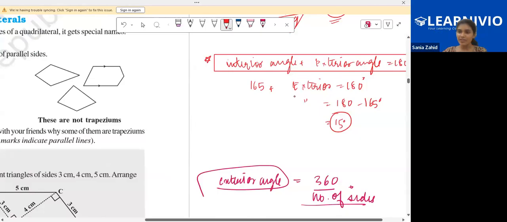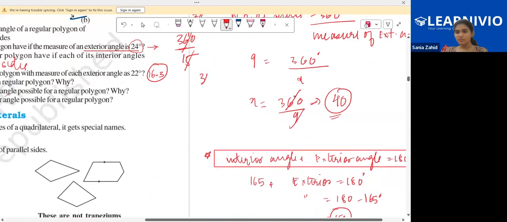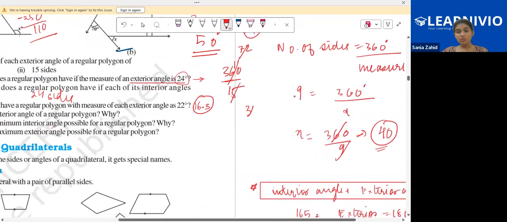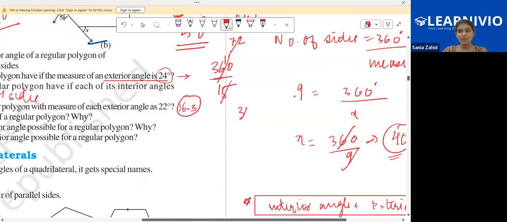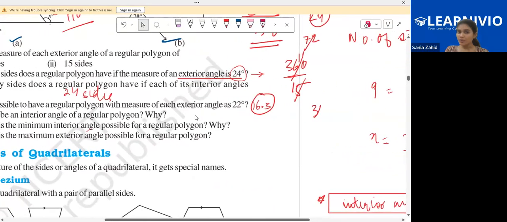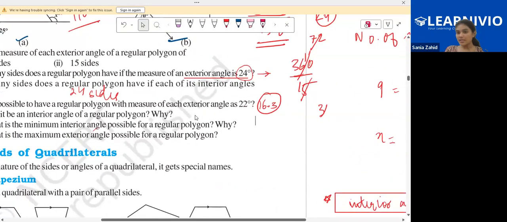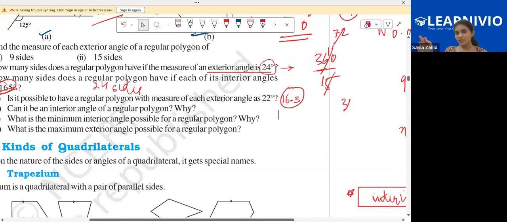Can I have 3.5 sides of any figure? No, ma'am. So how can 16.3 be the number of sides? It can either be 16 sides or 17 sides. So can 22 be the exterior angle measure? No, it can't be. Why? Because if 22 degrees is the exterior angle measure, then you get 16.3 sides, and 16.3 can't be the number of sides.